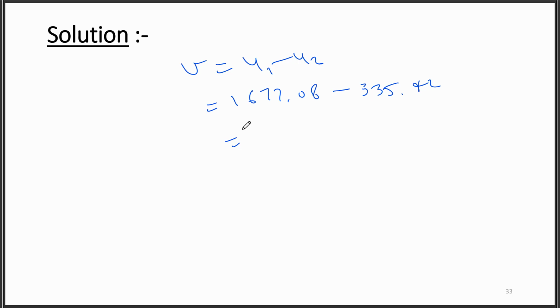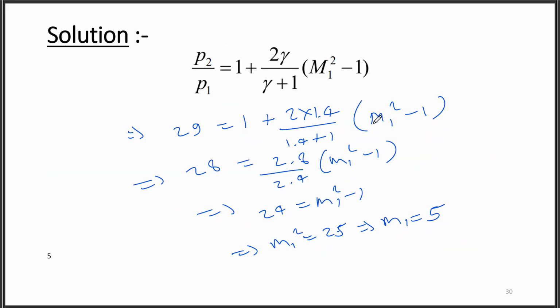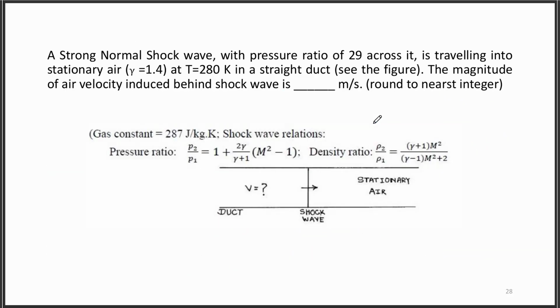So if we subtract it, we'll get 1341.66 meters per second. And rounded to the nearest integer, it will give 1342.